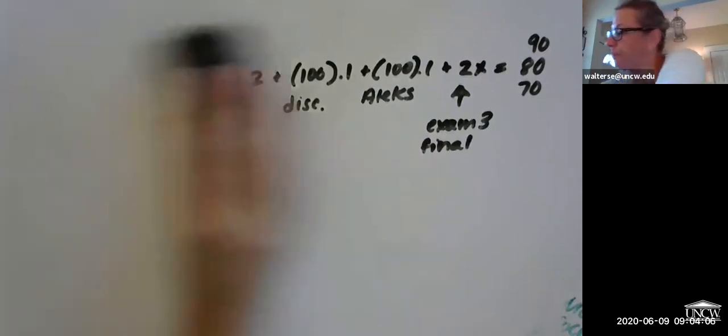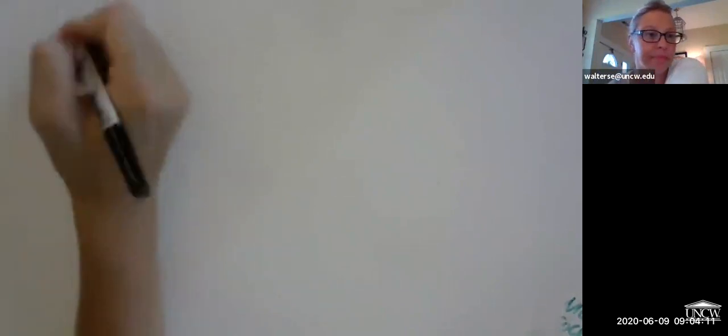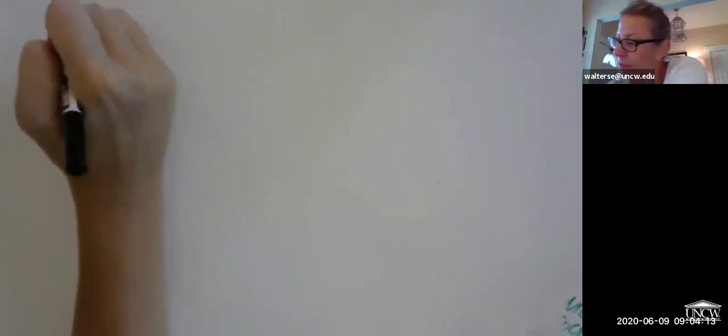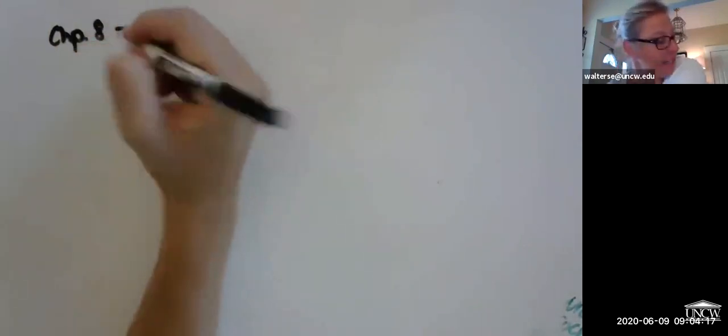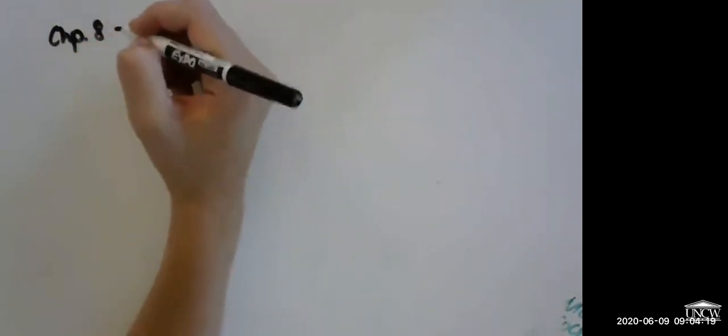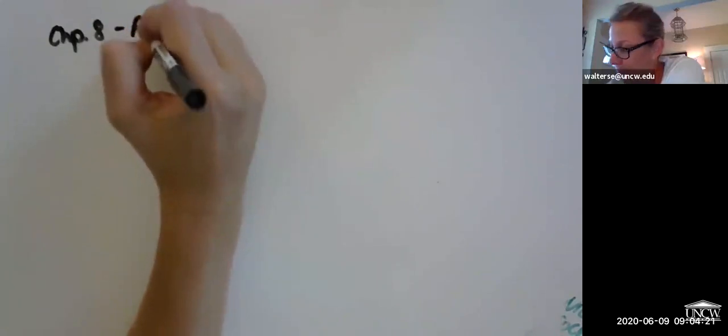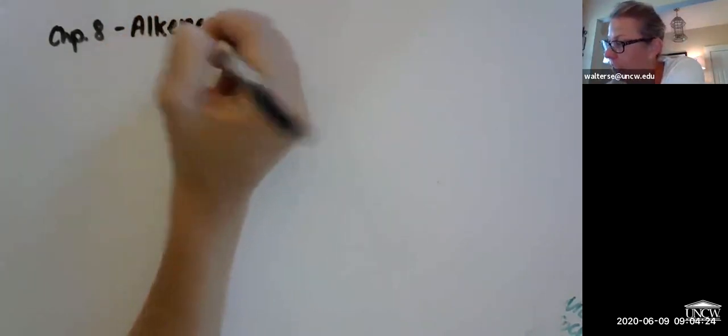Okay. All right, so we're going to move into chapter 8. And chapter 8 is a chapter on alkenes.